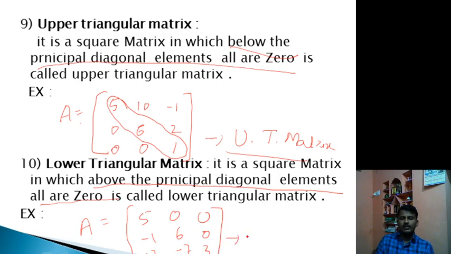Such a matrix we can call a lower triangular matrix, because these are the principal diagonal elements and above the principal diagonal elements all are 0. Such a matrix we can call a lower triangular matrix.